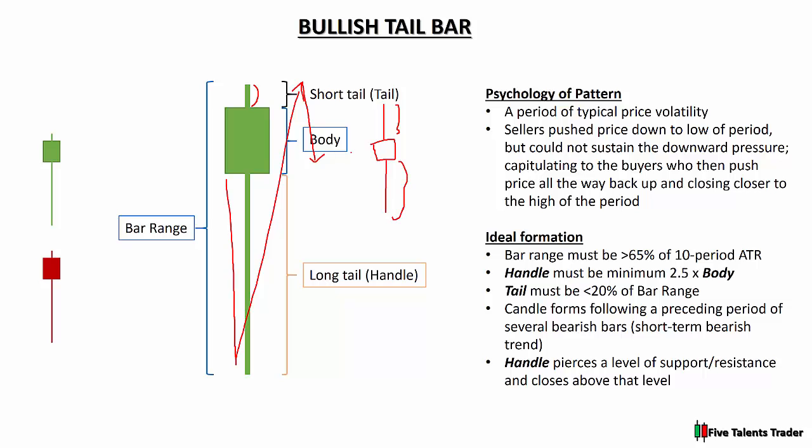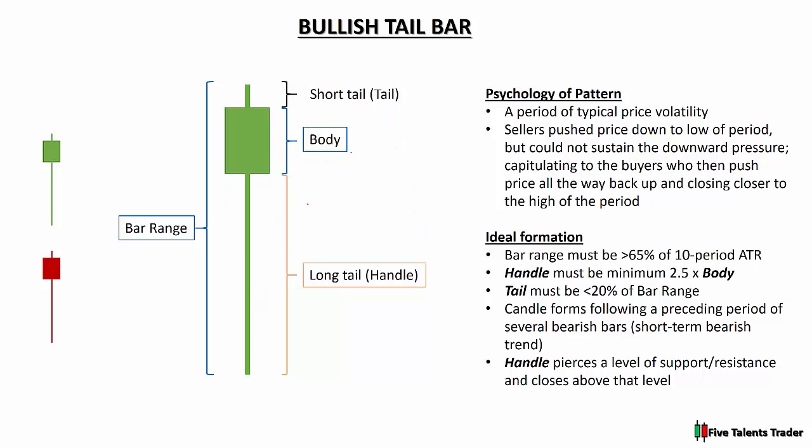That is more or less indecision. It's not clear. What I want is to see that price is pushed close to the high of that period. So my ideal formation will be that the tail must be less than 20% of the bar range.